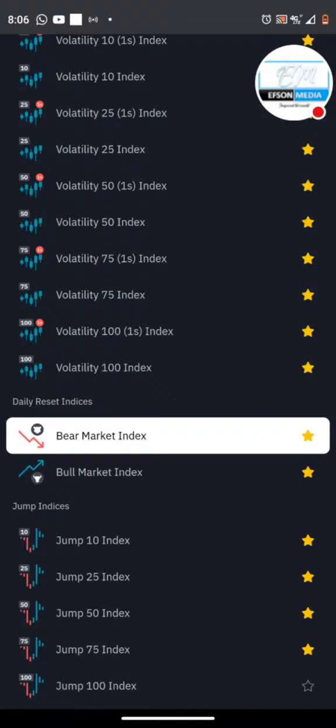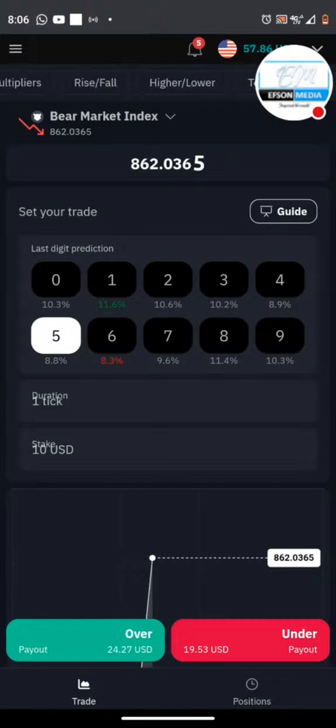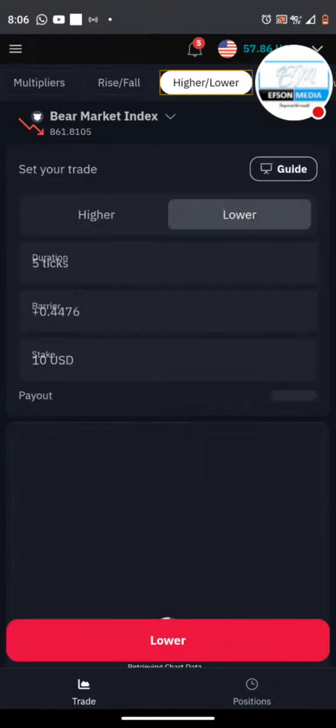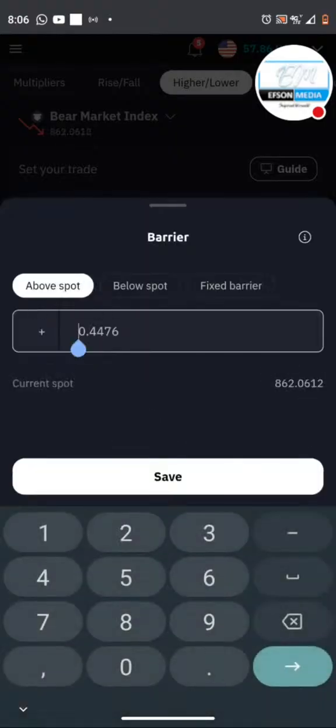So let's get back to the bear market and move to the high and low, and then set our barrier again. Anytime you move to another market, the barrier changes.